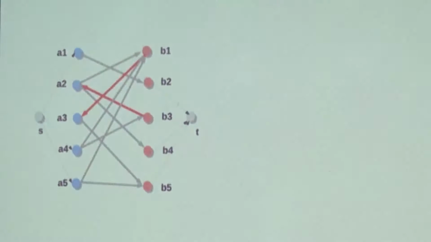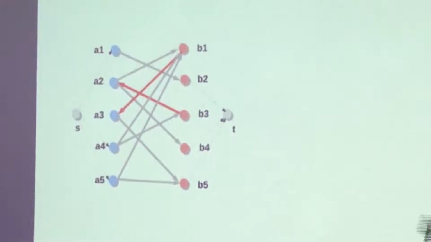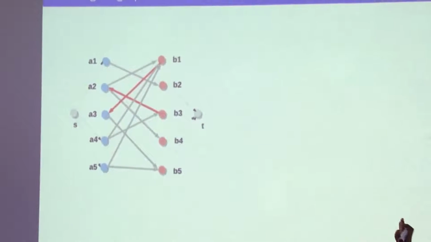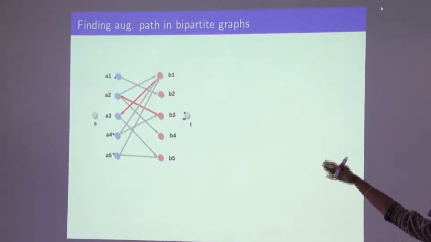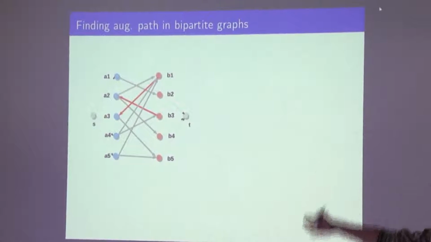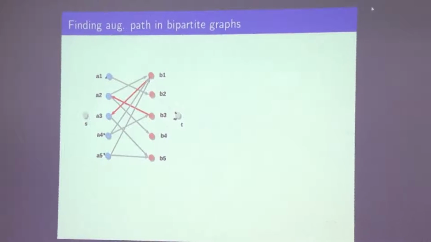I have not drawn the edge from B3 to T. In fact, you can think of it that there is a reverse edge in that graph. But for now, just assume that you took the graph and you had the matching, you now said that I will draw a directed edge from S to every vertex that is unmatched on the A side.